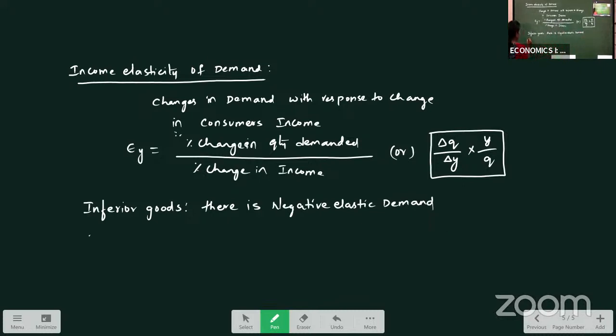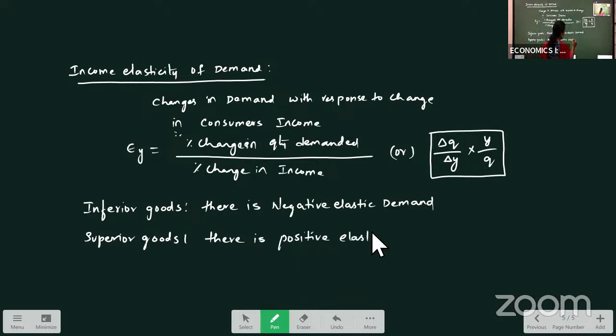And for superior goods, there is positive elastic demand. So this way you have income elasticity of demand.